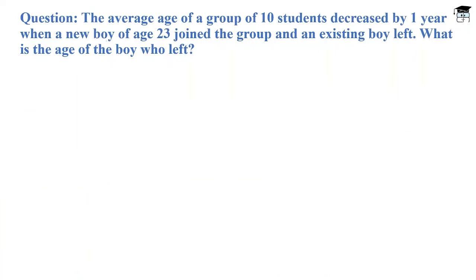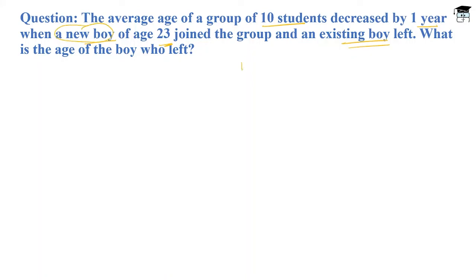Now the next question is, the average age of a group of 10 students decreased by 1 year when a new boy of age 23 joined the group and an existing boy left. What is the age of the boy who left? Now what is the case here? Alright, now you see that a new boy is joining.